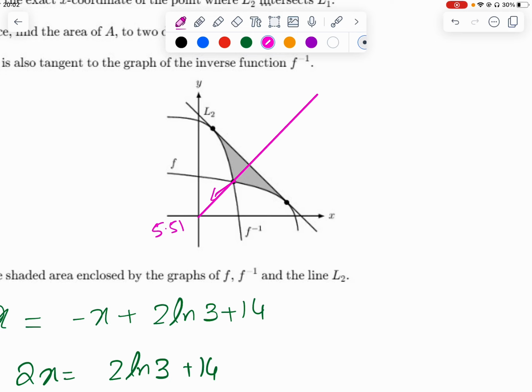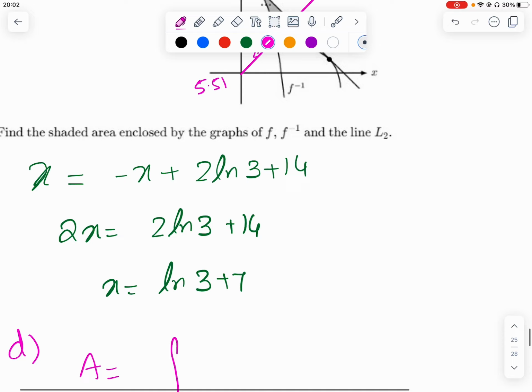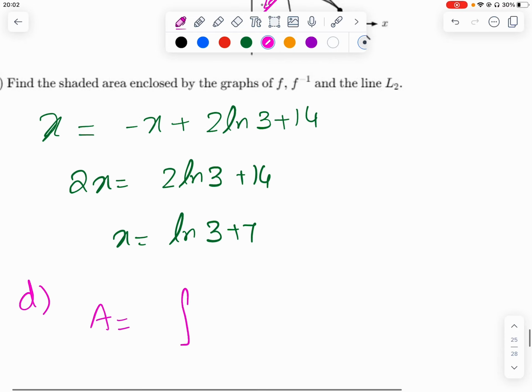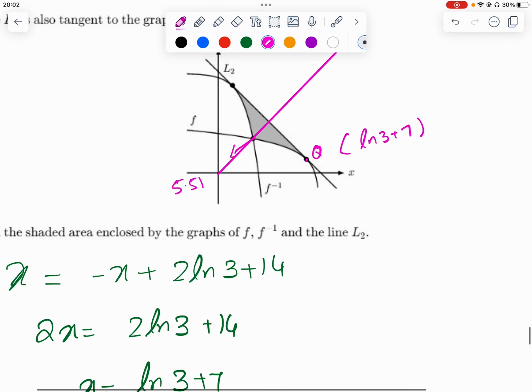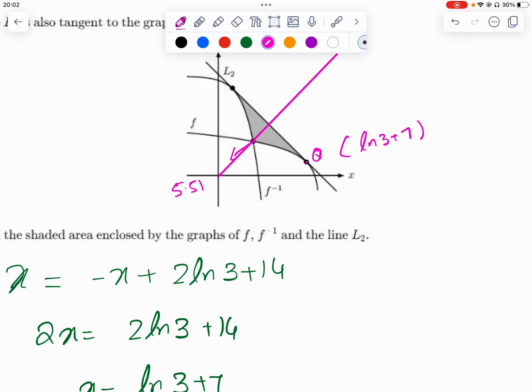Then L2 and this one, Q. What was the Q value? We have found it out. Q is nothing but ln 3 plus 7. Now L1 and L2, where do they meet? L1 and L2. Okay, this is the dot.